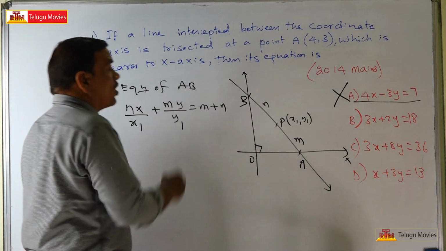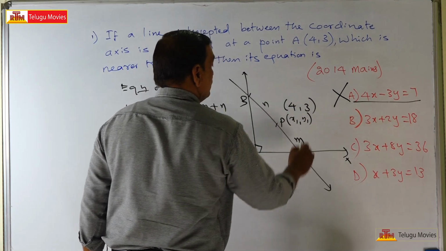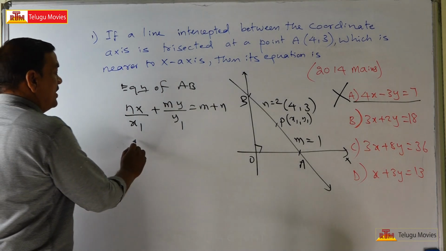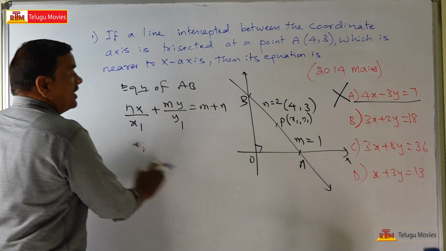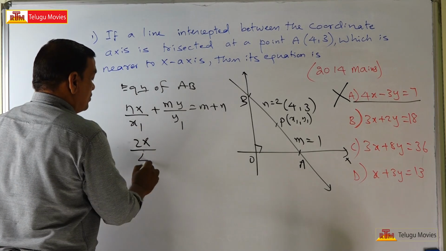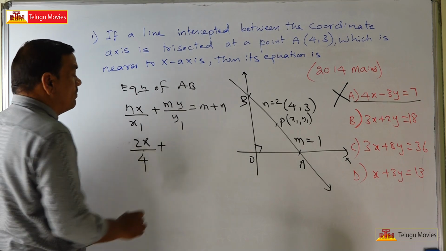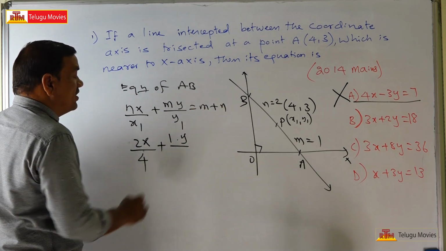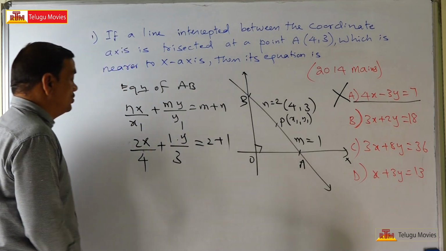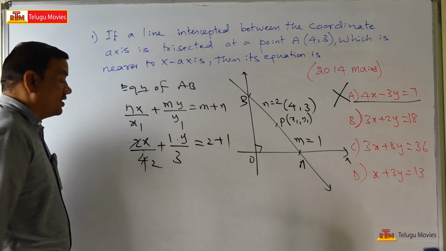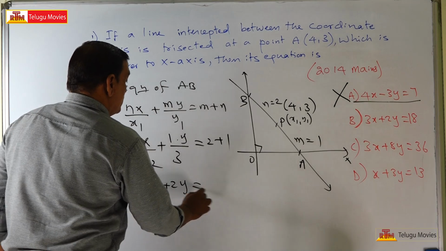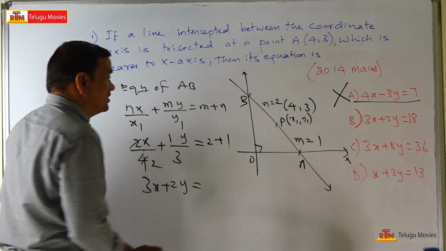So in our problem, the point is (4, 3), m is 1 and n is 2. Substituting, n x/x1 is 2x/4, plus m y/y1 is 1 into y/3, equal to m + n, which is 2 + 1. The 2s cancel, so this becomes 3x + 2y = 3 times 6, that is 18.